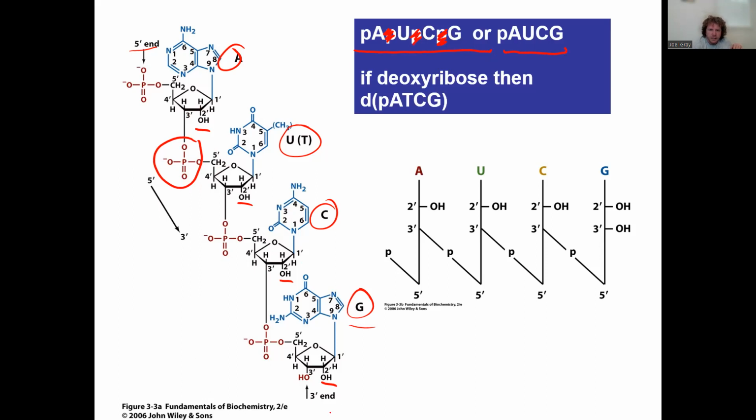Now, if in this case we had a phosphate group down here, I'm drawing at the very bottom of the page, well, then you would read something like this, pAUCGp. We've got phosphates on the 5' and the 3' ends of this molecule. That gives you that extra little bit of information. But in this case, the way it's shown, you don't have that 3' phosphate group.